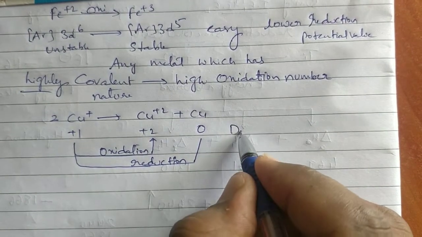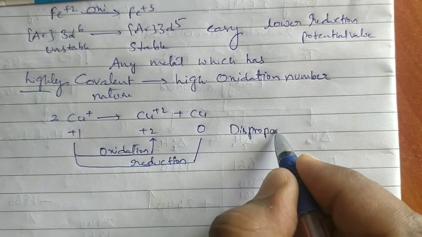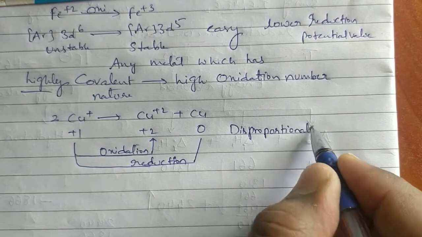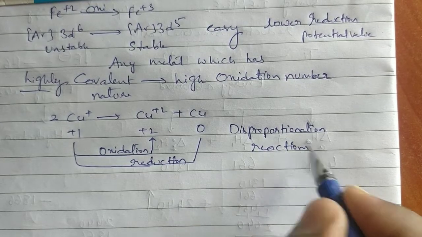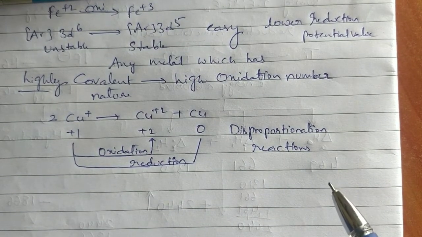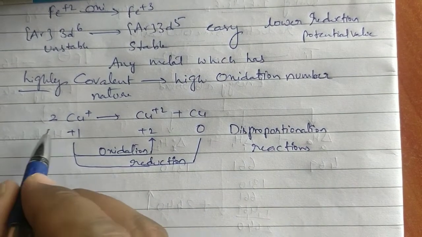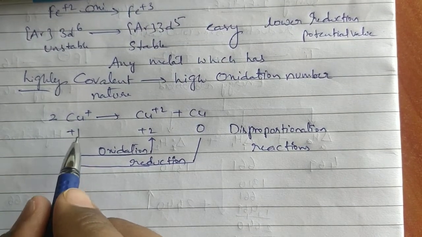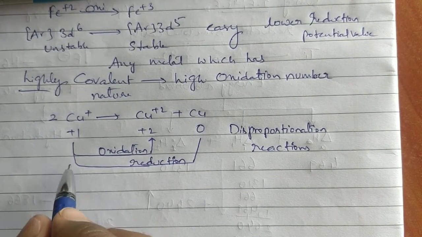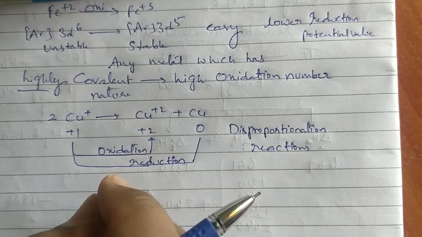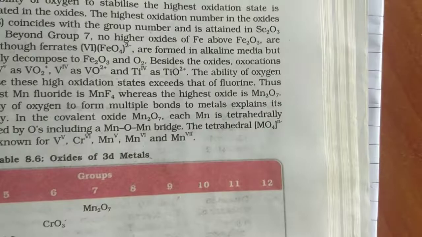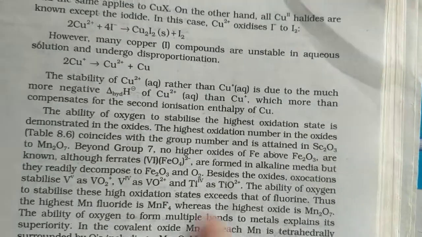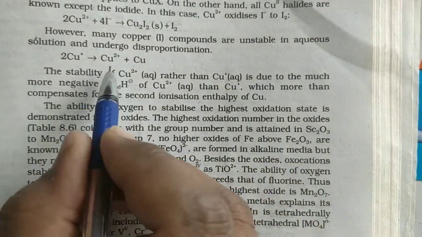This type of reaction is called a disproportionation reaction. The same element will undergo oxidation and reduction. Here 2 Cu+ ions are there. One Cu+ ion will undergo oxidation and another Cu+ ion will undergo reduction. This is the example for a disproportionation reaction.